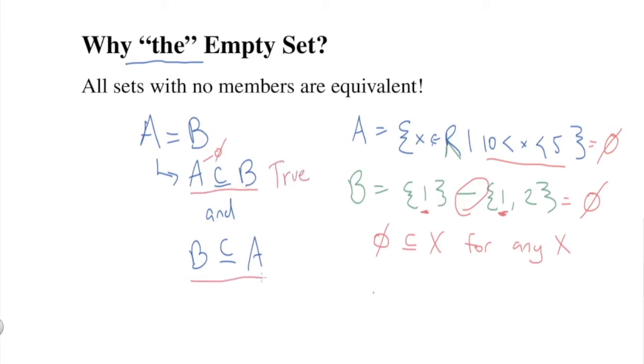We know B is empty, right? Because B is this set here. So B is a subset of any set. It doesn't matter what the other set is, because B is empty, B is a subset of A. So this is true as well.